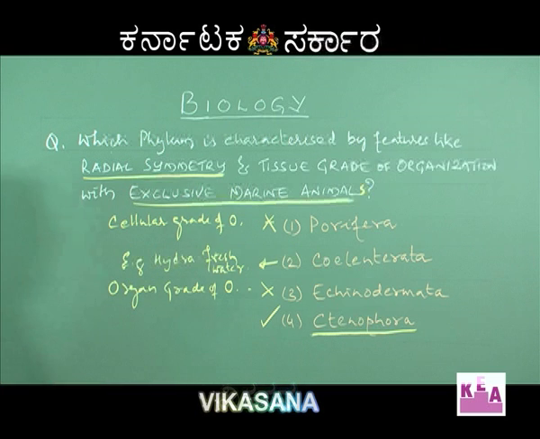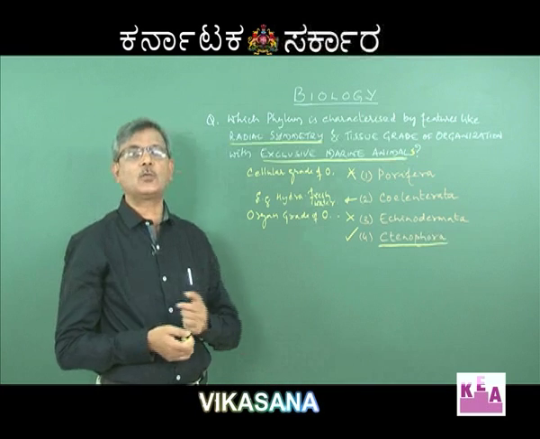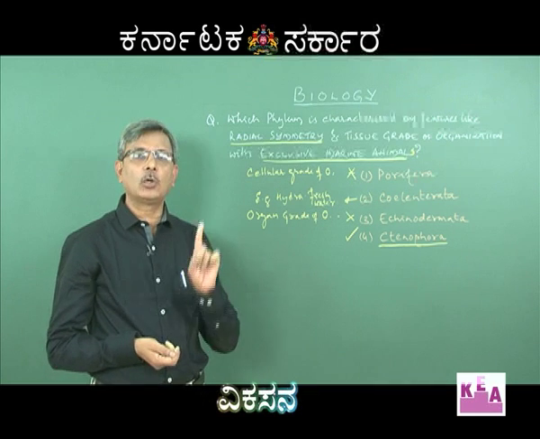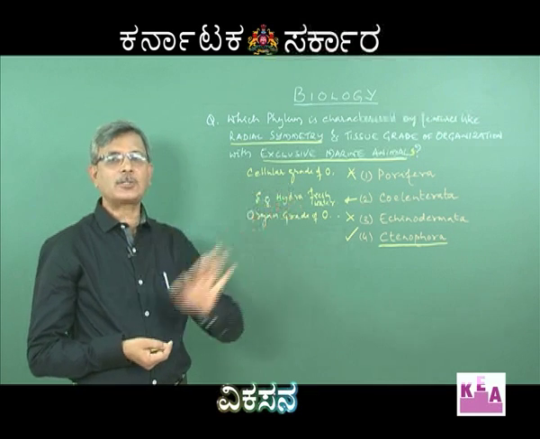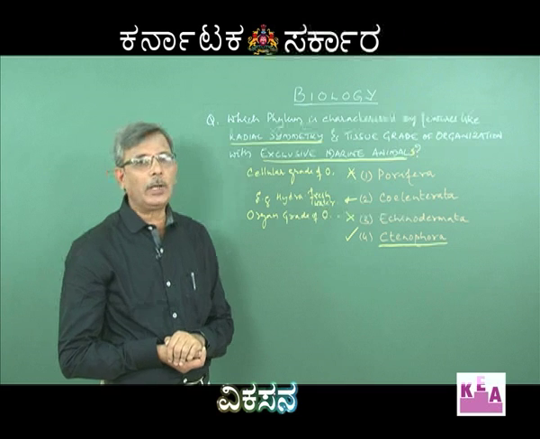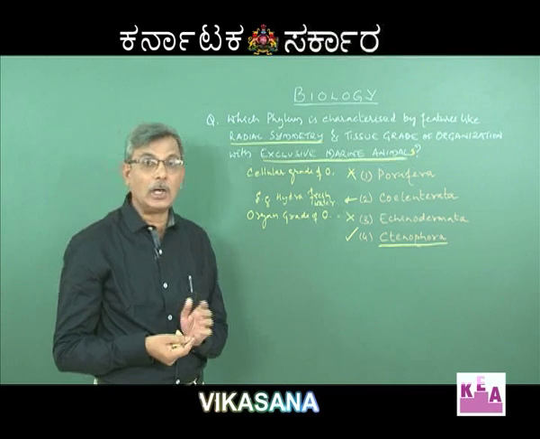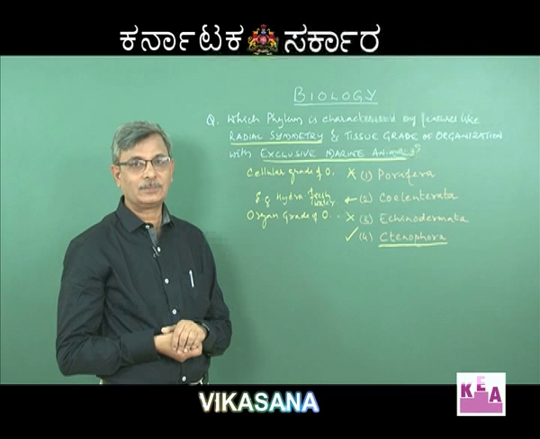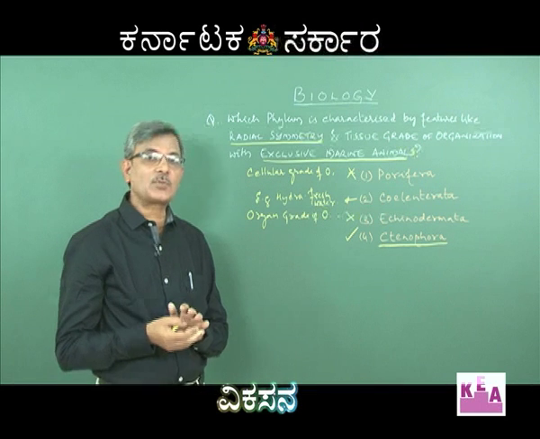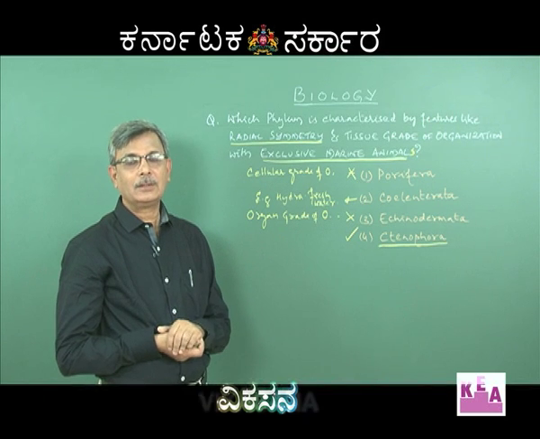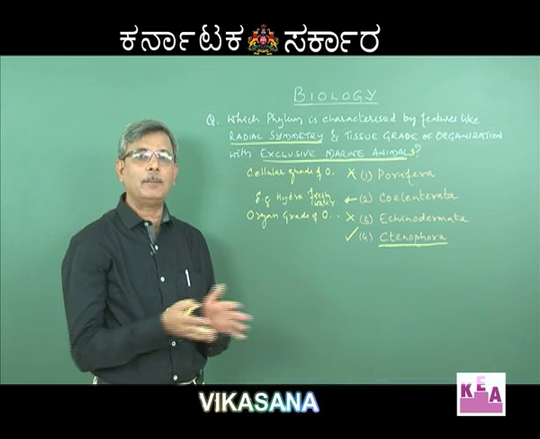In addition to this, do we have to know something else about ctenophores? Then remember, in ctenophores we are going to find only sexual reproduction. There is no asexual reproduction. In case of hydra we are going to find budding. Hydra exhibits high power of regeneration. In case of coelenterates we are going to find alternation of generation. In coelenterates we have polyp-like, medusa-like forms.